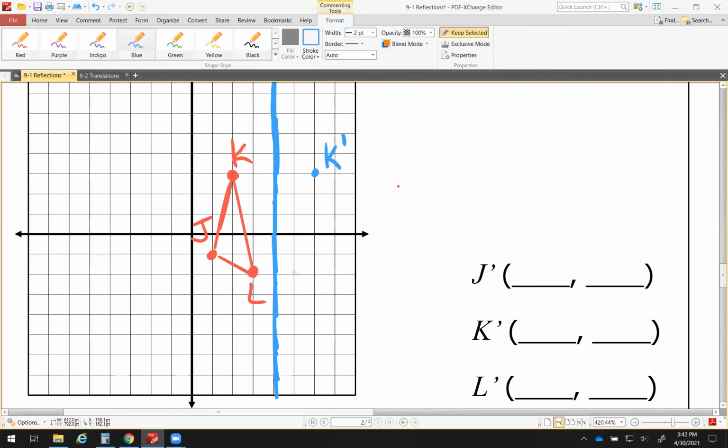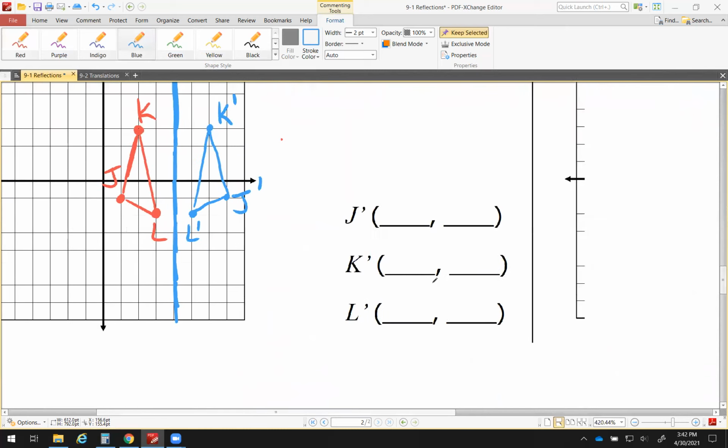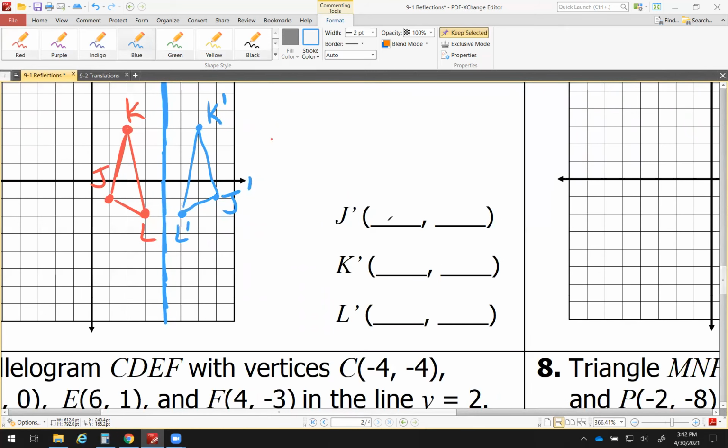L prime will be 1 unit to the right because L is 1 unit to the left, and J will be 3, so J prime is 3. And there is our shape there. J prime appears to be at the point 7, -1. K prime appears to be at the point 6, 3, and L prime is at 5, -2.